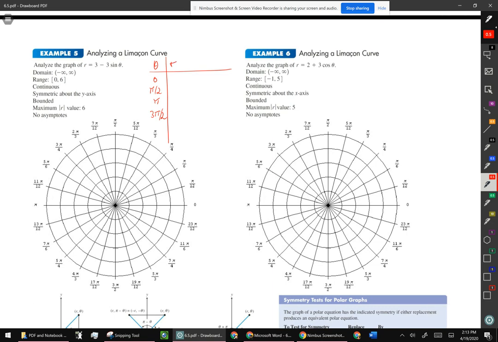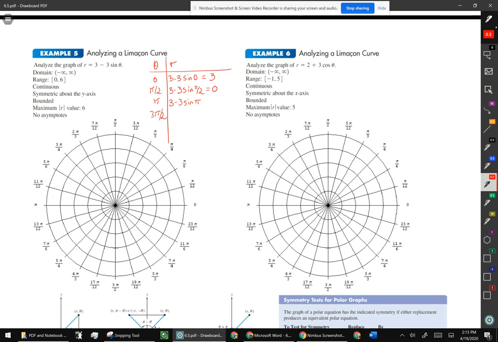And let's see, if we plug it in, r is equal to 3 minus 3 sine 0, in this case. Remember, sine of 0 is 0, so you're just going to have a 3 left over. Then we've got 3 minus 3 sine pi over 2. Sine of pi over 2 is 1, so that'd be 3 minus 3, which is 0. 3 minus 3 sine pi.